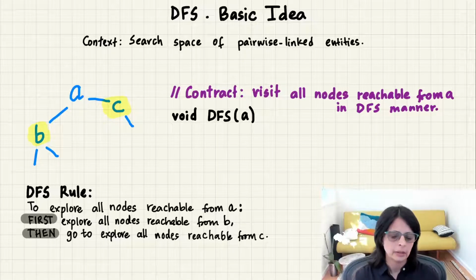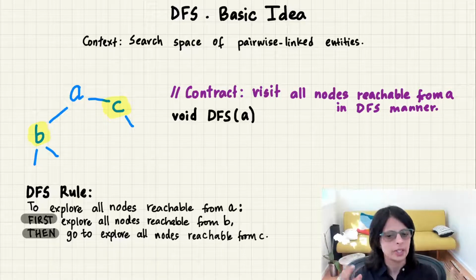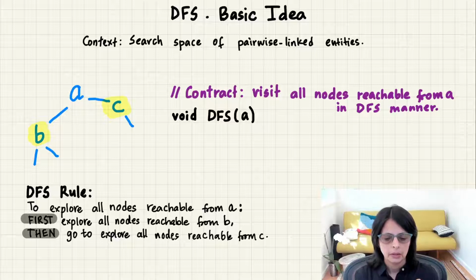What does that mean? What is the depth first search rule, or depth first search way? It's quite simply to pick one neighbor and go deep into that neighbor.